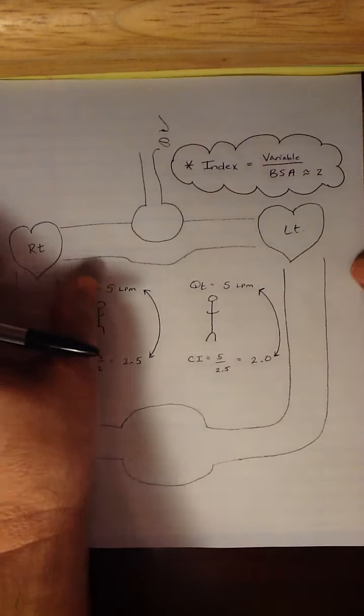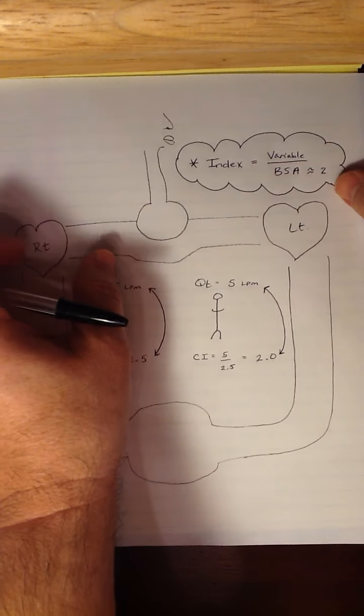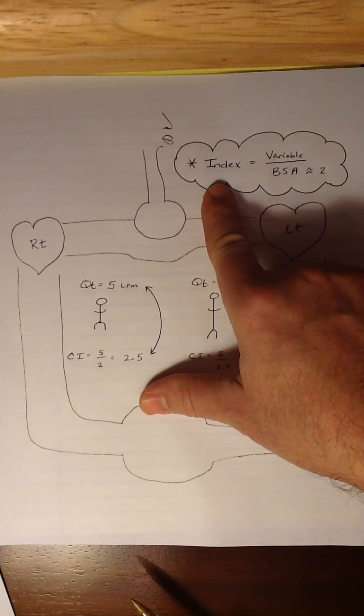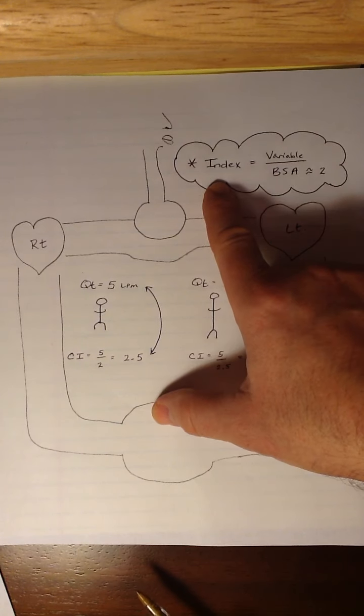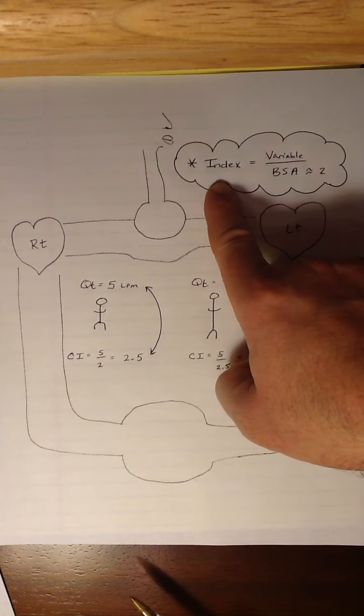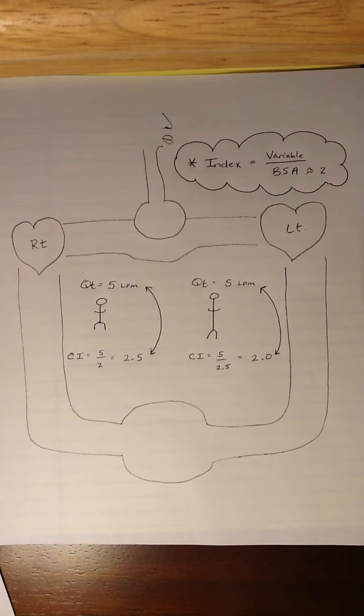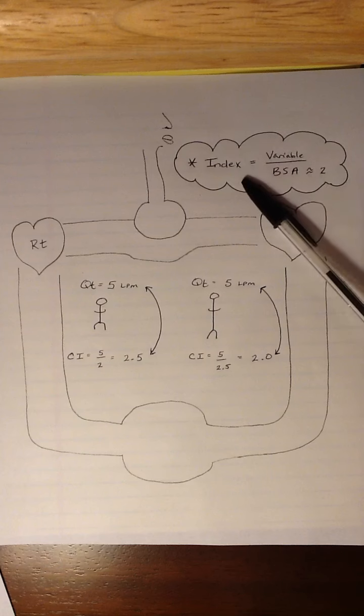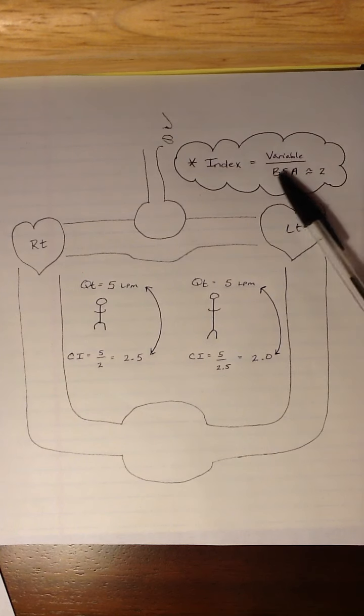This one is a pretty easy sheet to cover. It helps you understand, if needed, what an index is referred to. With hemodynamic values, we can look at an index value for that particular patient, which is whatever the variable is that we're describing, divided by that patient's body surface area.